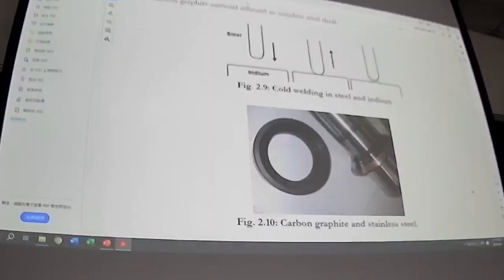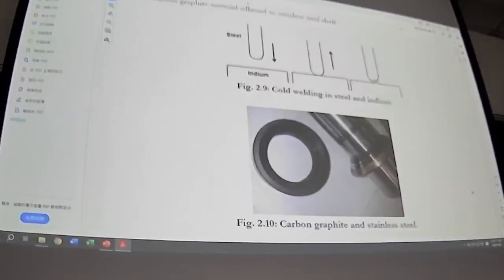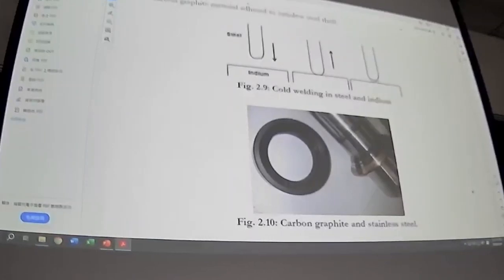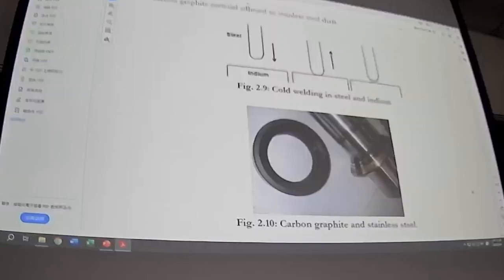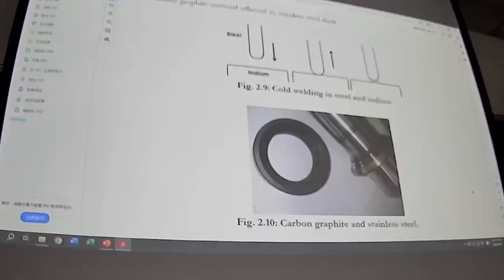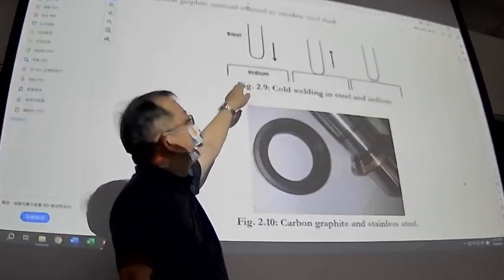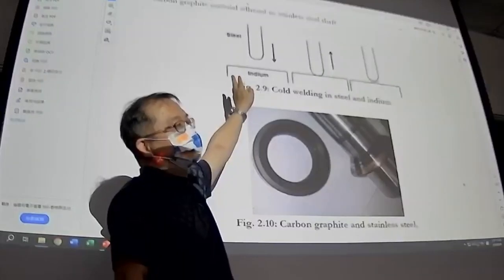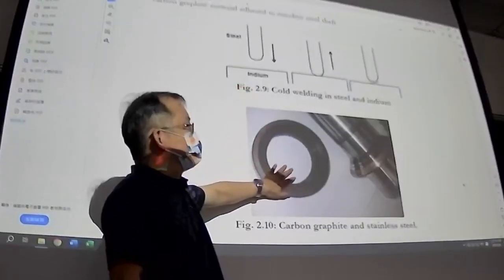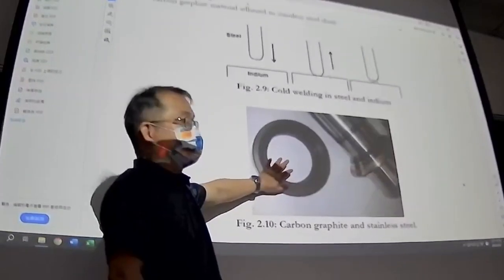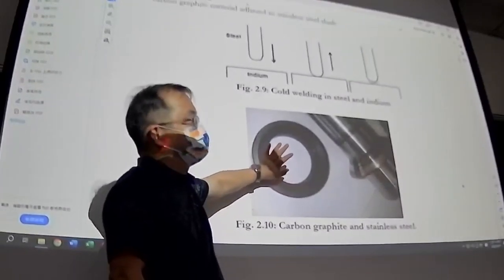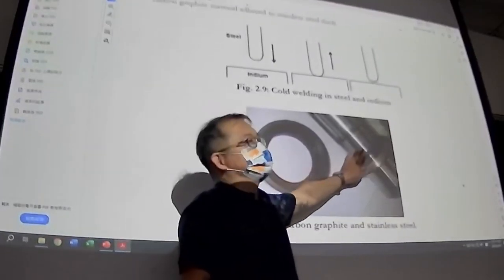One material sticks to another material. It depends on the hardness. Hardness is the key to decide which material attaches to which one. So the softer material will be removed and attached to the harder material. So in this case, graphite is a softer material, so the graphite will attach to the steel.